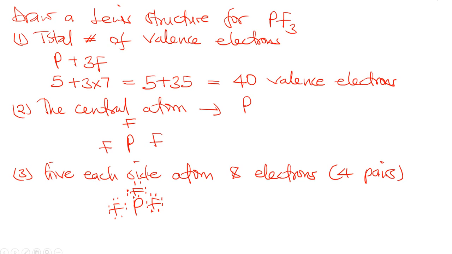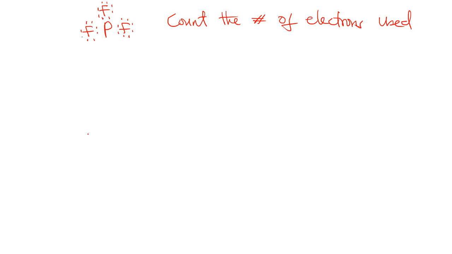Okay, so 3 times 7. Oh, I made a mistake here. Here 3 times 7 should be 21. So 21 plus 5 is 26. So it has 26 valence electrons, not 40. So we have 26 valence electrons, and we want to see how many electrons we have used here.